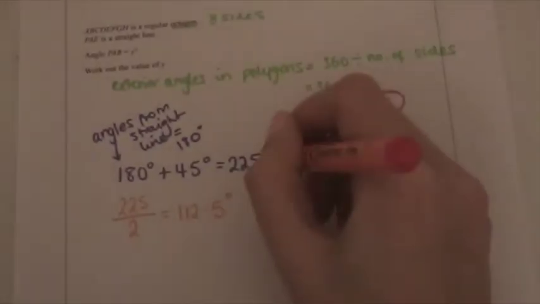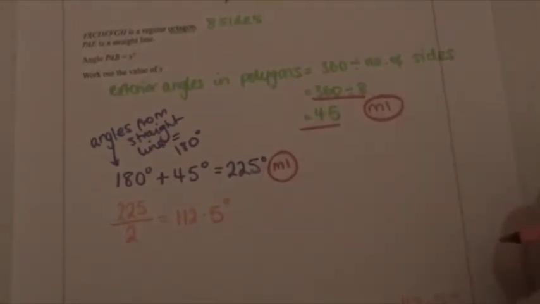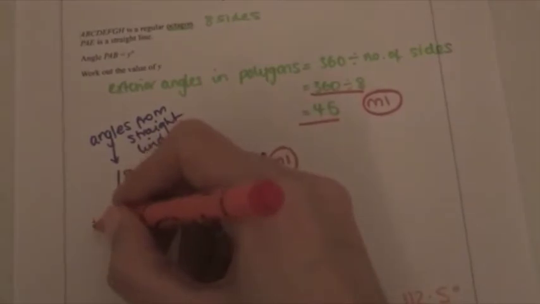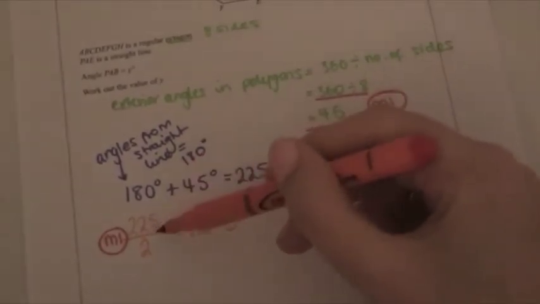So the second method mark is for realising that they total to 225. And the final method mark is for realising that y is half of that. So for realising you need to divide 225 by 2. And then your final mark is your accuracy mark, answer of 112.5. So if for some reason you couldn't divide that by 2, you could get 3 out of the 4 marks. And your last mark is for correctly dividing that by 2. 4 marks in total.